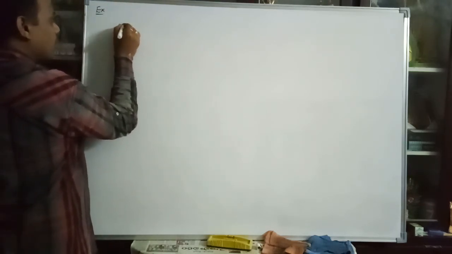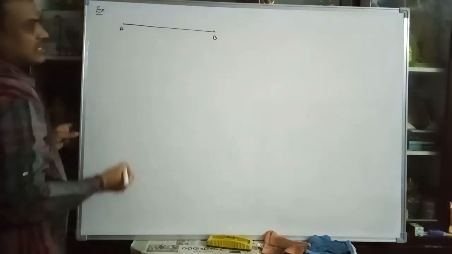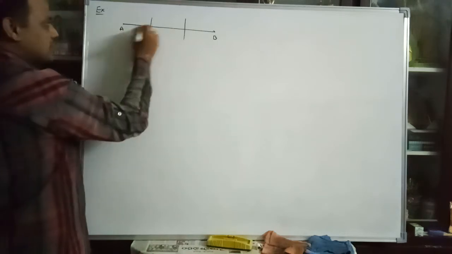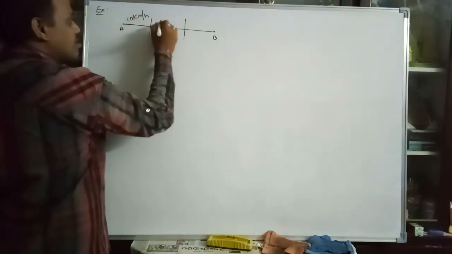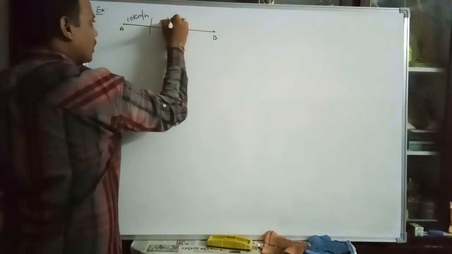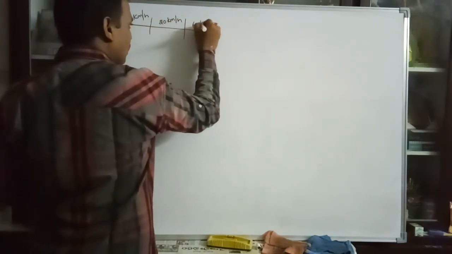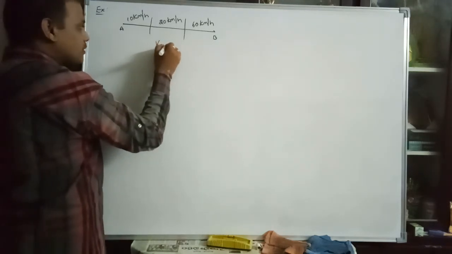From starting point A to B, this total distance is covered in three equal parts. The first part covered with the speed 10 km per hour, second part 20 km per hour, last part 60 km per hour. What is the person's average speed?